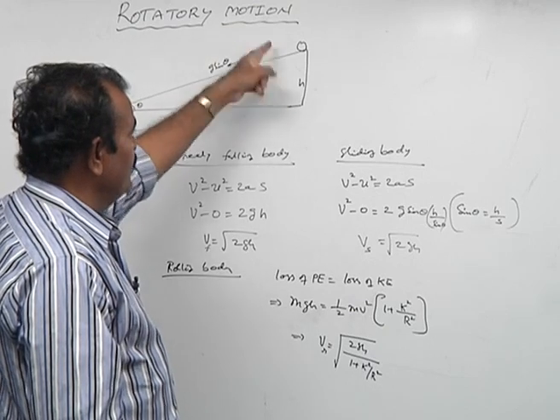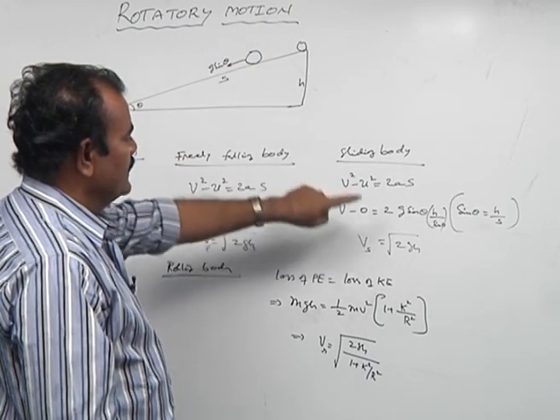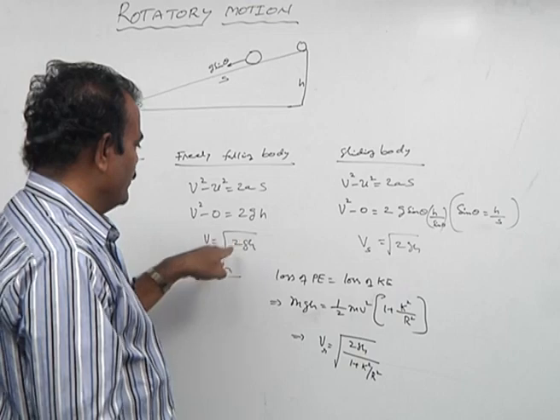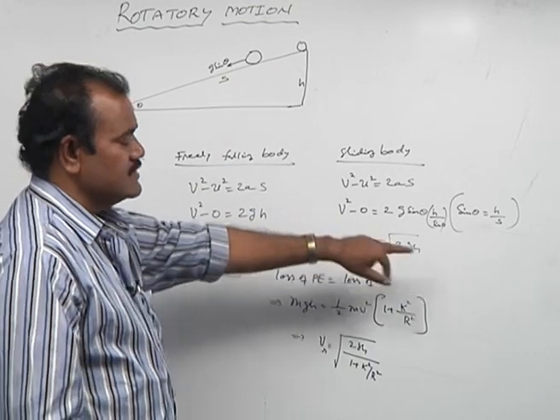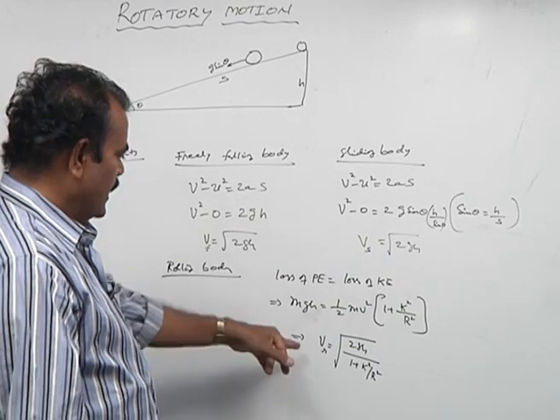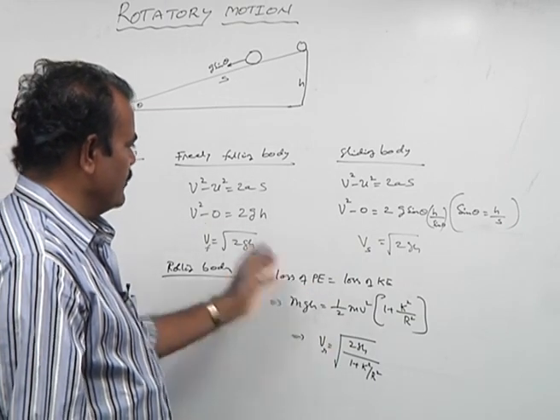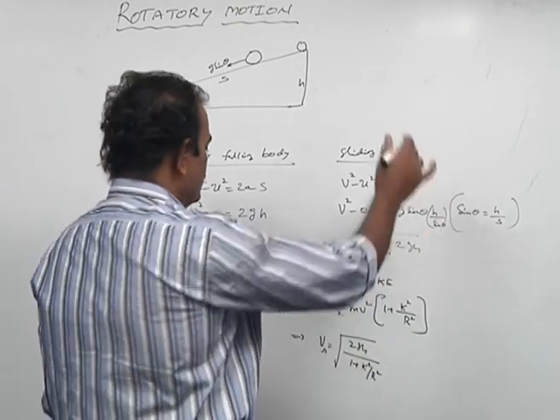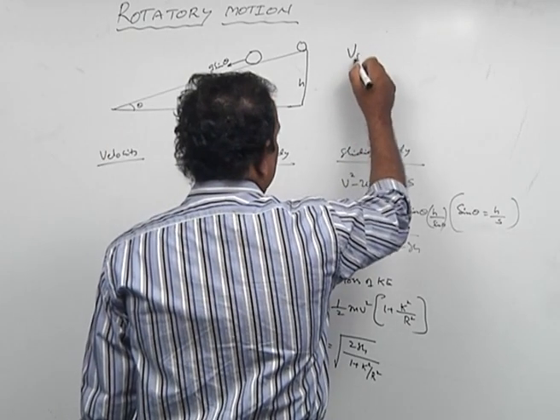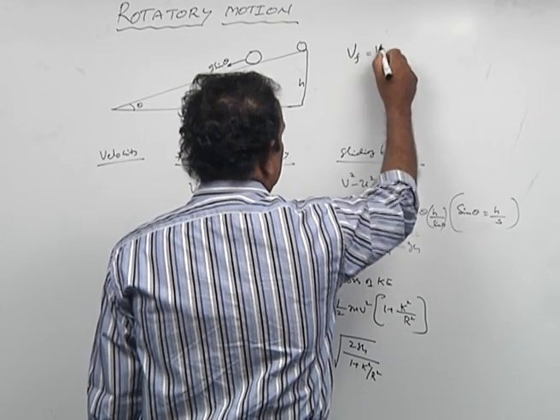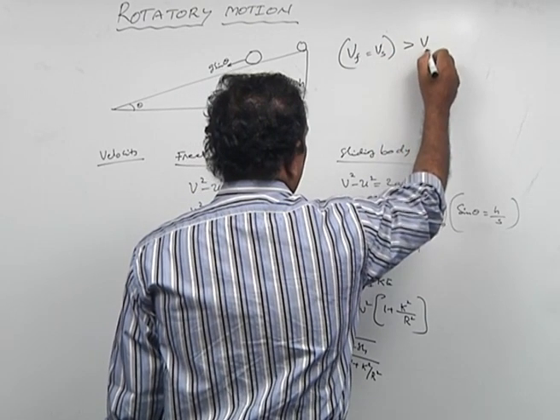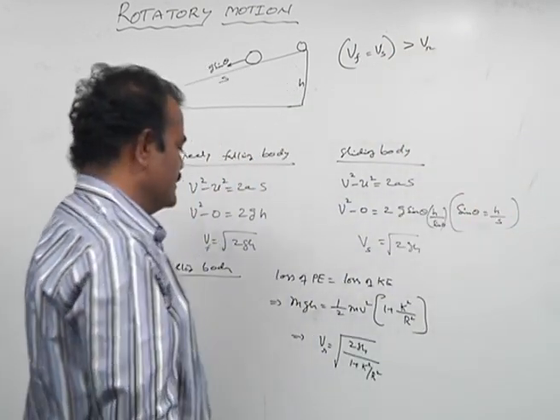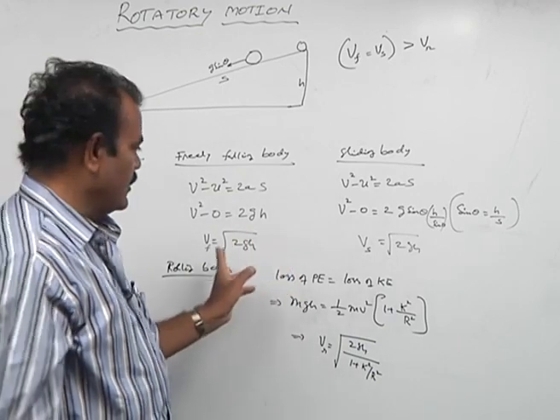If it were a frictional surface, this value would definitely be less, but it is frictionless. So Vs is root of 2gh only, and Vr will definitely be less than these values. So we can give this order: Vf is equal to Vs, and that is greater than Vr, the rolling body.